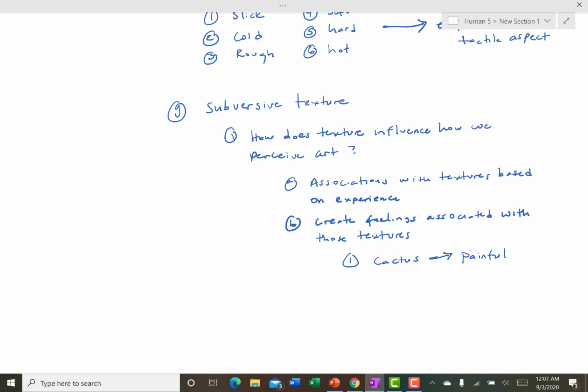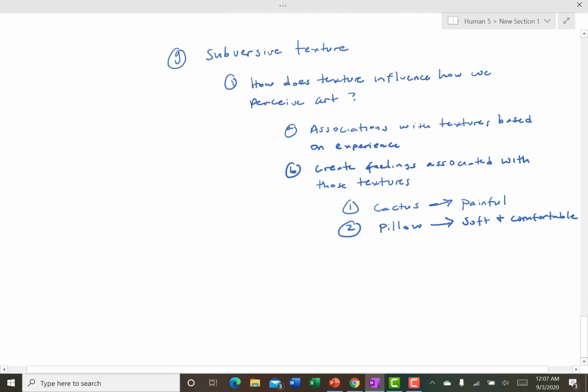And so then how you perceive that artwork is going to be very different than if you have a pillow, which you tend to perceive as soft and comfortable. So you immediately get a sense of something being safe and comfortable and nice, right? Versus painful.